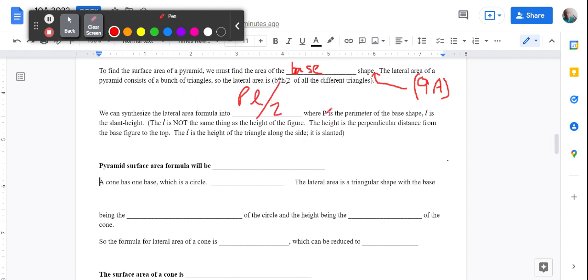PL divided by 2, where P is the perimeter of the base shape and L is the slant height, not the same thing as the height of the figure.